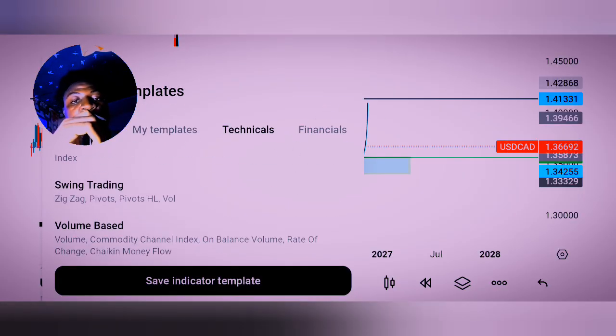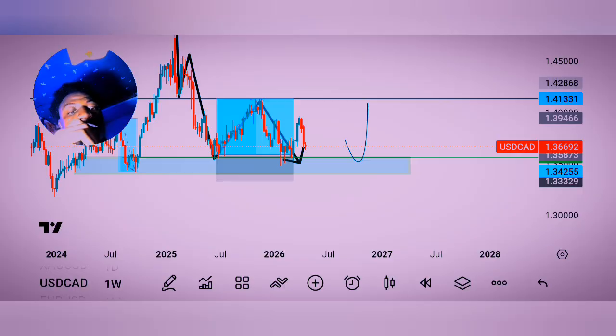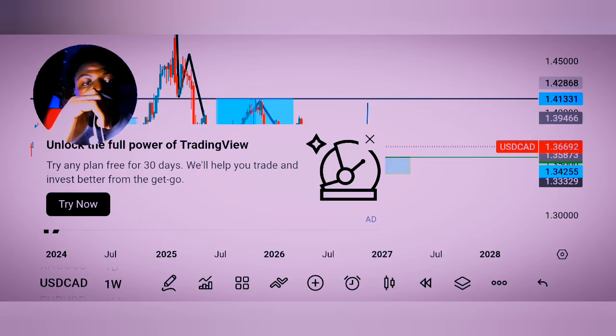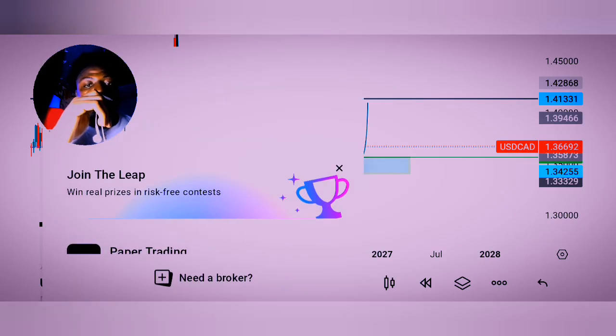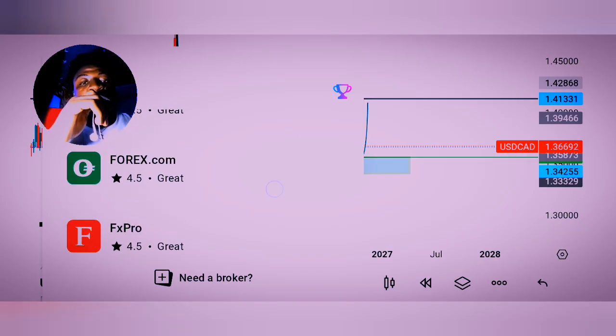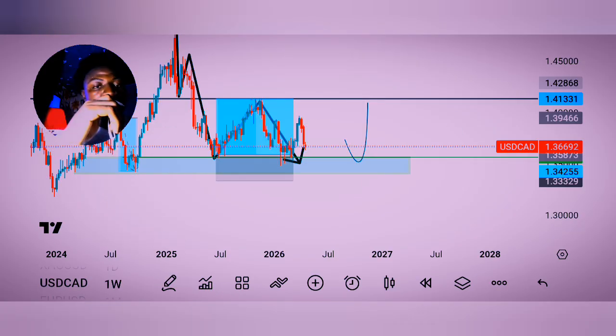There are just so many of them. So now after that we have to look at the next object, which definitely should be this icon that shows up and down button. So this is where you have to log in your brokerage account if you want to link it directly to TradingView.